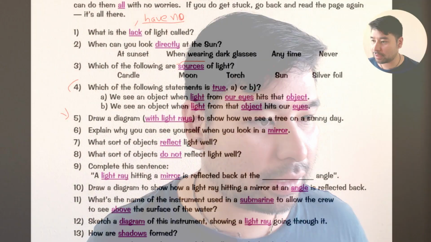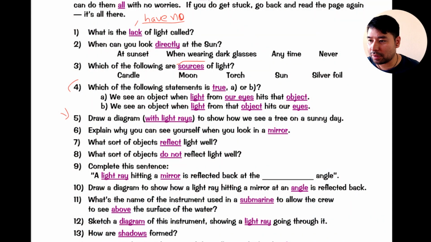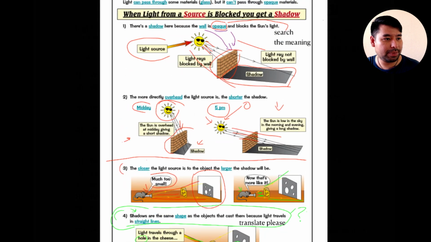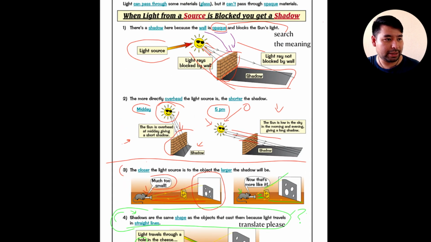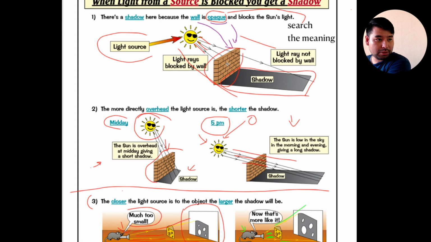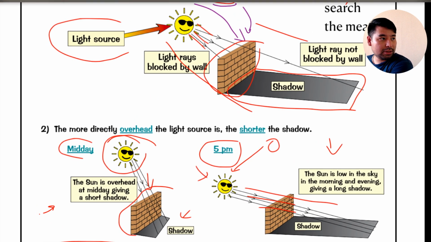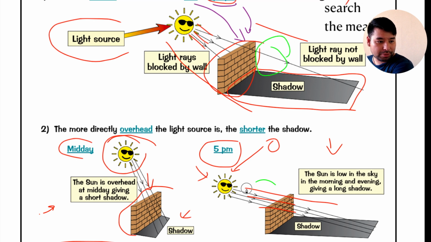I'm going to go back here a little bit with you. Remember this page here? Take a look, we have a lot of examples of these light rays. Can you see?